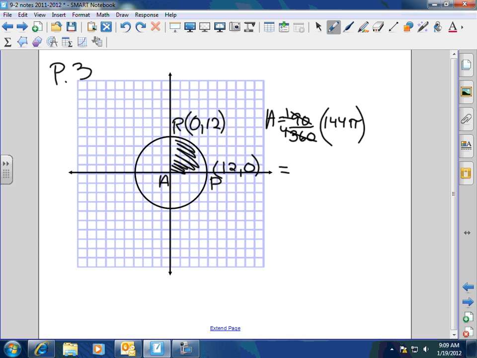You could take 4 from both of those. So that's going to be 36. 36 pi units squared. Yes, units squared is super, super, super important. Okay?